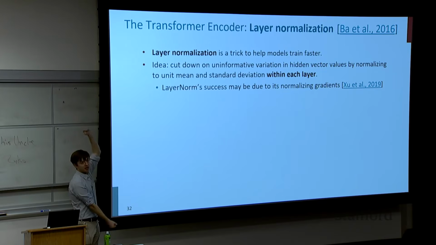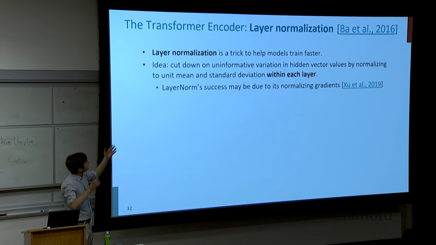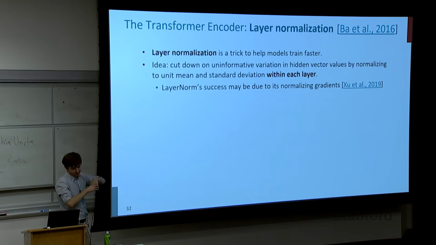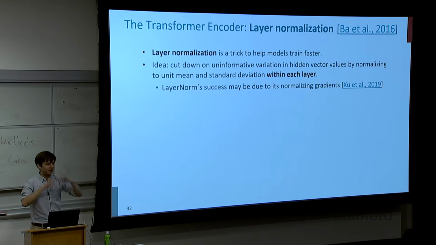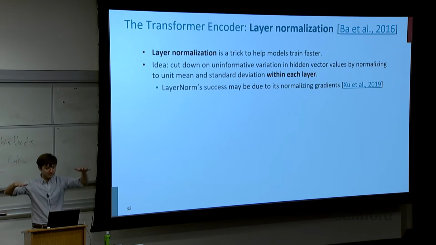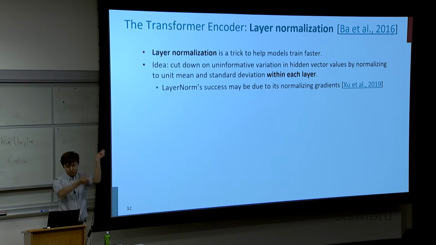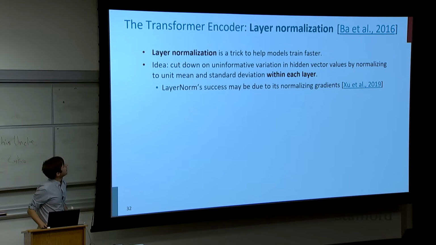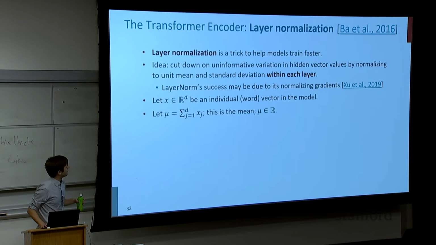Things can get very big, things can get very small. That's not actually informative, because of variations between maybe the gradients, or weird things going on in my layers that I can't totally control. I haven't been able to make everything behave nicely where everything stays roughly the same norm. Maybe some things explode, maybe some things shrink. And I want to cut down on uninformative variation between layers.